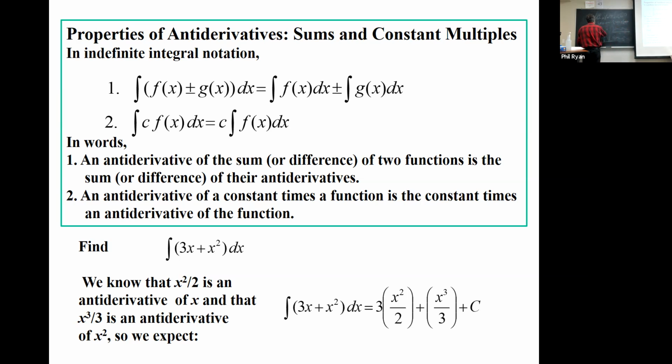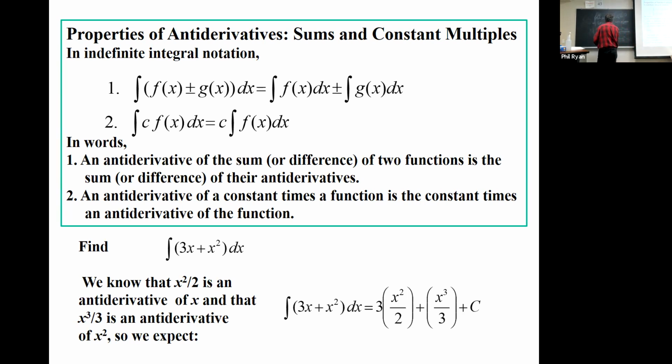And also, since the derivative of a constant multiple is a constant multiple of the derivative, it's also going to be the case that the integral of a constant multiple is a constant multiple of the integral. So that allows us to do things like this, because we can just break it up.